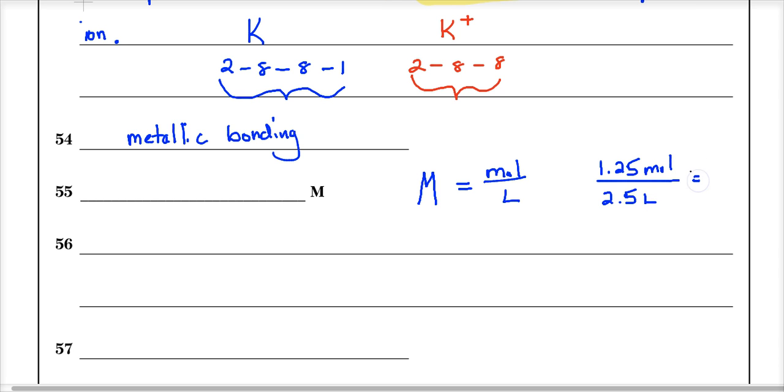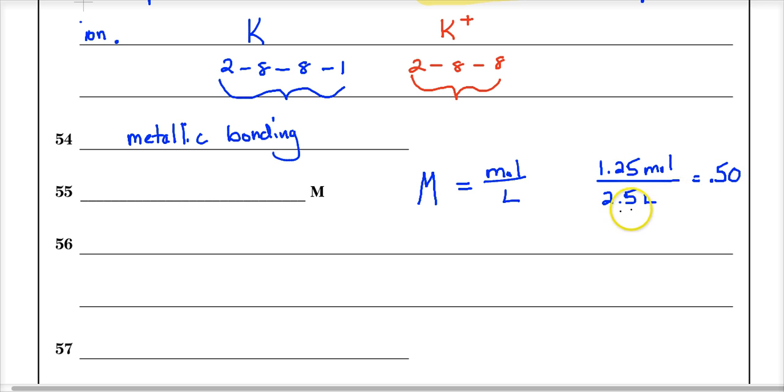All you've got to do now is plug that into your handy dandy calculator. So let's do that. 1.25 divided by 2.5 liters, and I get 0.5. Now, I probably want to use 2 sig figs, and again, they're not asking for them, but it's just good practice.